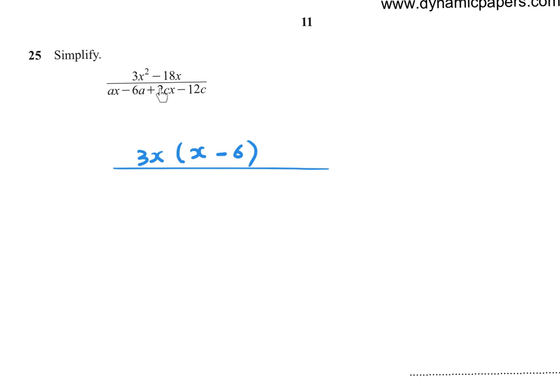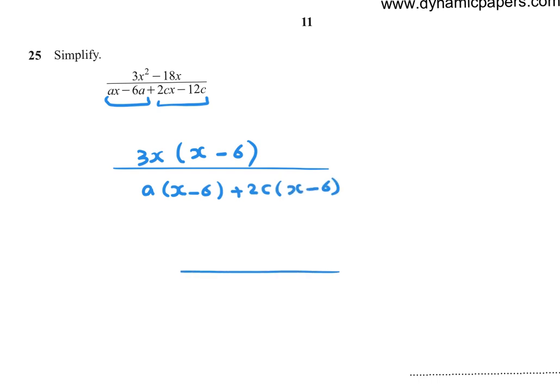For the denominator, we have 4 terms, so factorize by grouping 2 by 2. If we take the first 2, we have a common, so a into x minus 6. And for the last 2, we have 2c common. So 2c, and you are left with x minus 6.